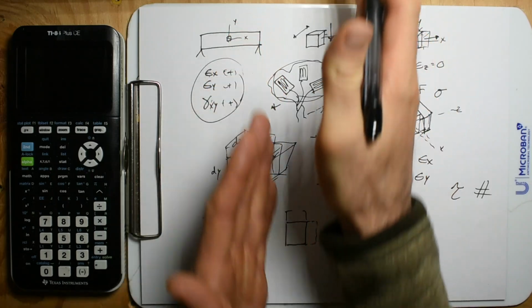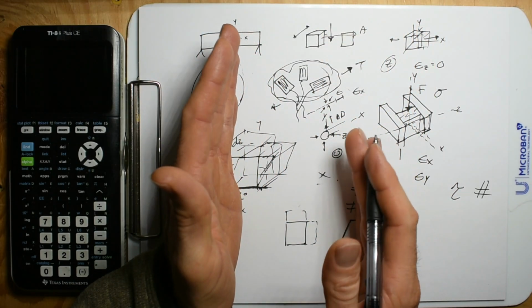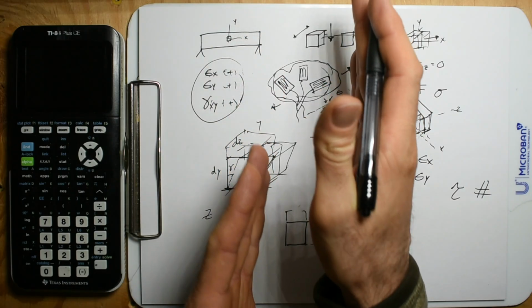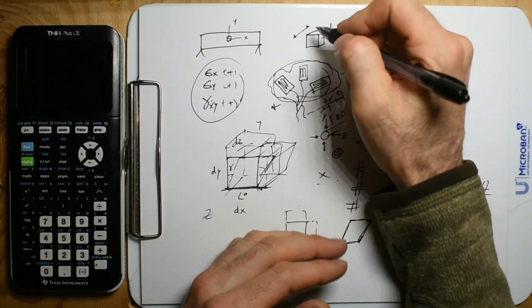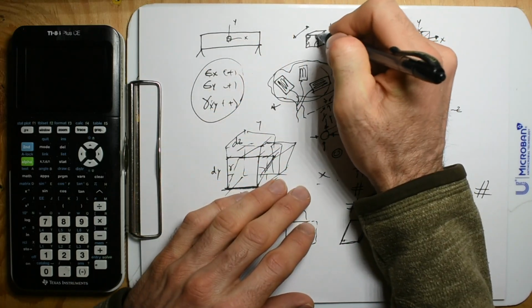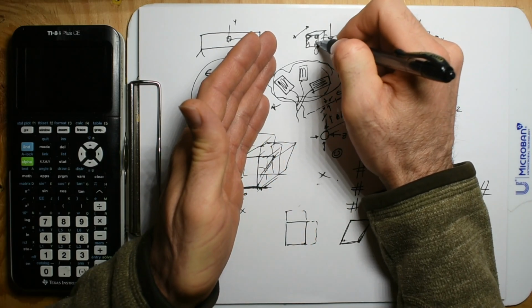The definition is very vague. It's just a force that causes a tendency for two parts of the material to move past one another. So this molecule is right in line with that molecule, and pretty soon these molecules are going to be down here.